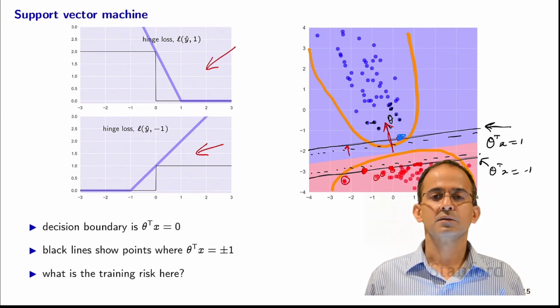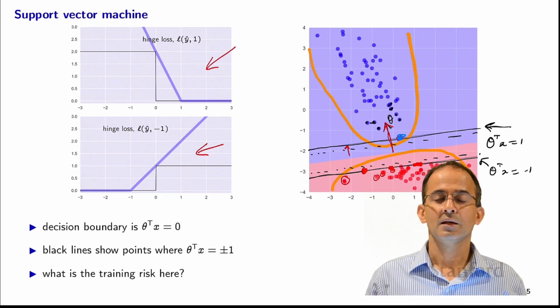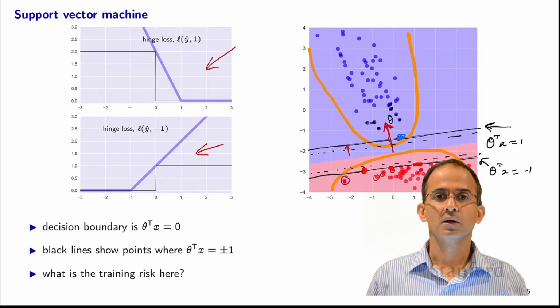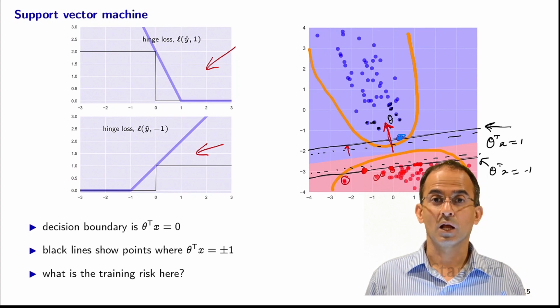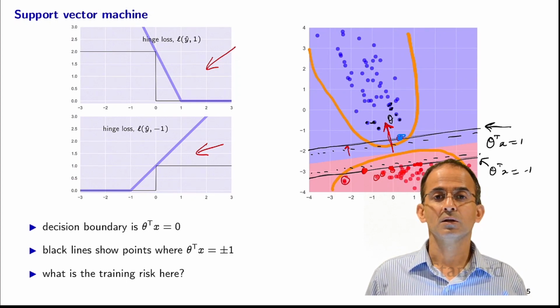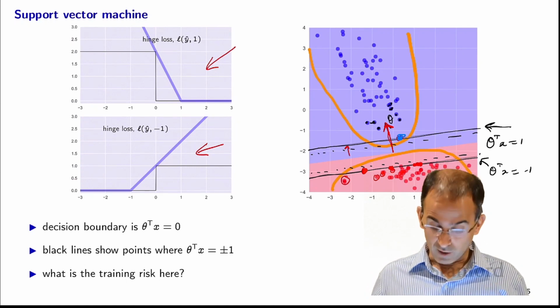And so the theta vector is a normal vector to the boundary between the two classes, and its magnitude is equal to 1 over half the margin.